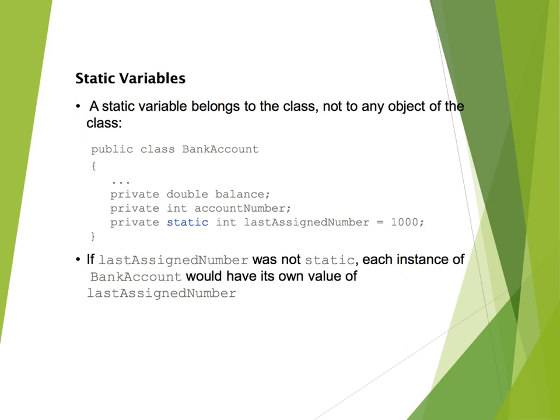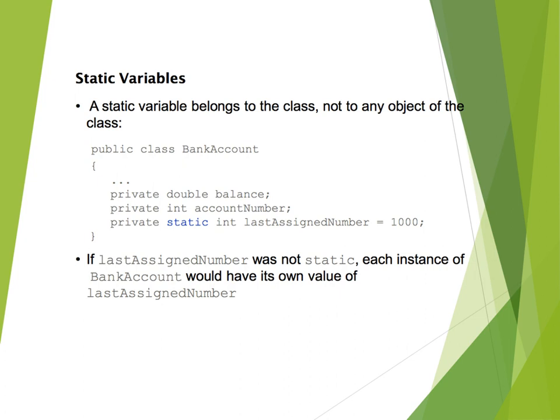This feature, if you call it static, then you have to assign a number to it. For example, it's equal to 1000, and this variable, this feature that is static, is a feature of the class, not the objects of the class.